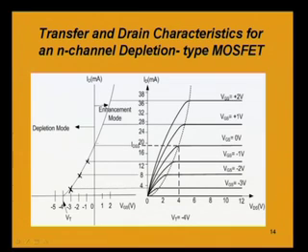Similarly, all these points, if we now connect, we get a curve, and that is the transfer characteristic. Here VGS is equal to 0. So, to the left, the MOSFET is under depletion mode of operation, and to the right of 0, when VGS is positive, this is under enhancement mode of operation.